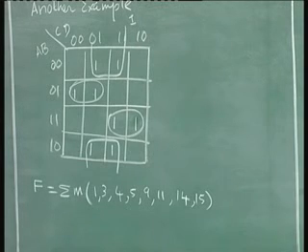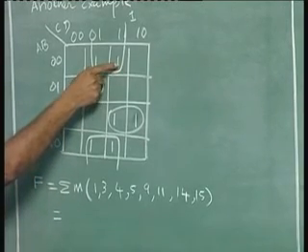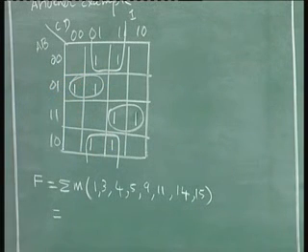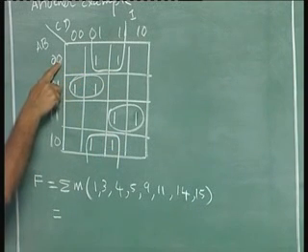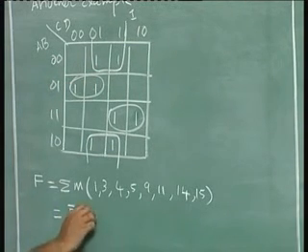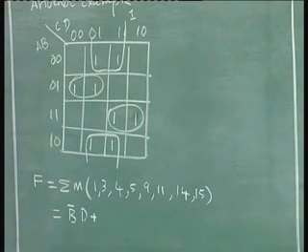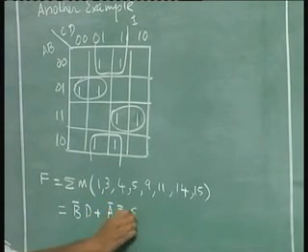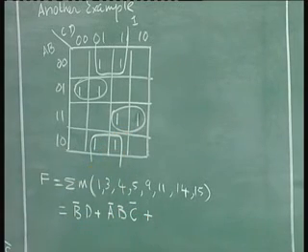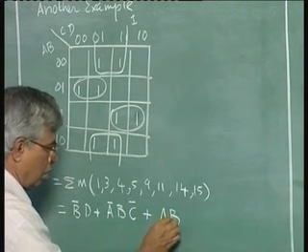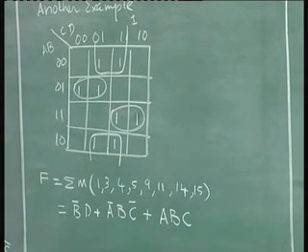Now, what would this be? First term will be this, which is A bar D, or this one, A bar B C bar, then this one, A B C. Simple.